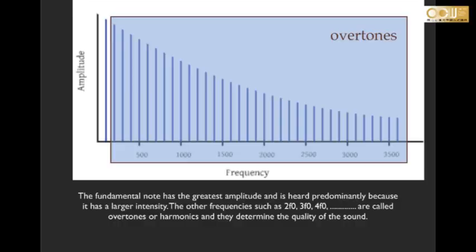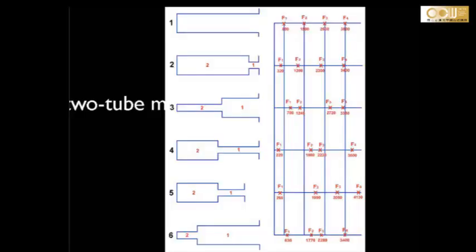So the second one is twice the frequency of your fundamental frequency, and then the third one, the fourth one, and all those harmonics that are in harmony with your fundamental frequency are called overtones. They're over your fundamental frequency. We call them overtones.